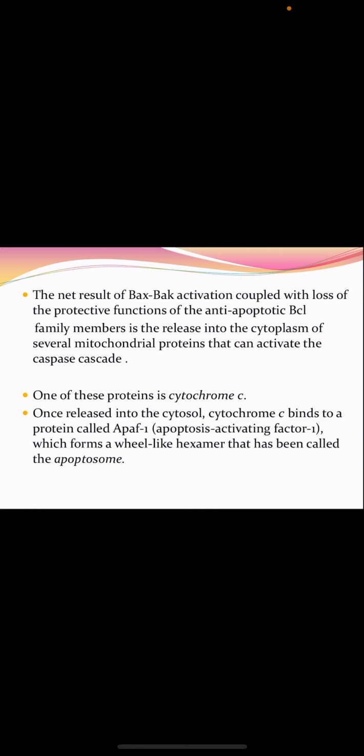BAX and BAK activation is coupled with loss of the protective function of anti-apoptotic BCL family members, and release into the cytoplasm of several mitochondrial proteins that can activate the caspase cascade. One of these proteins is cytochrome C. Once released into the cytosol, cytochrome C binds to a protein called apoptosis activating factor, which forms a wheel-like hexamer that has been called the apoptosome.